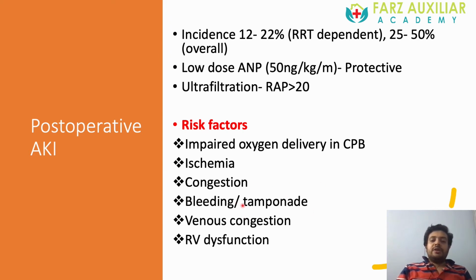So a high index of suspicion is required when there is coagulopathy and hemodynamic compromise suggestive of tamponade. Venous congestion must be avoided, and RV dysfunction is also a contributing factor to the postoperative AKI.